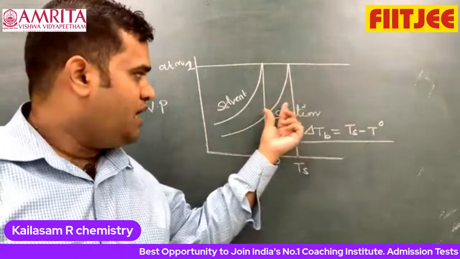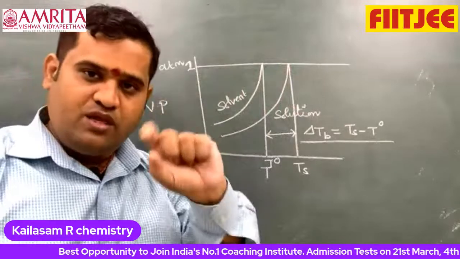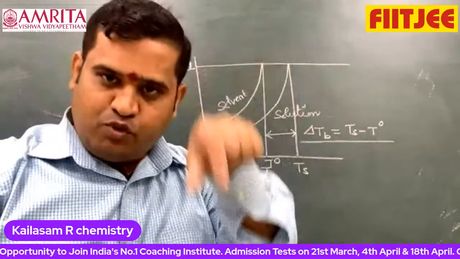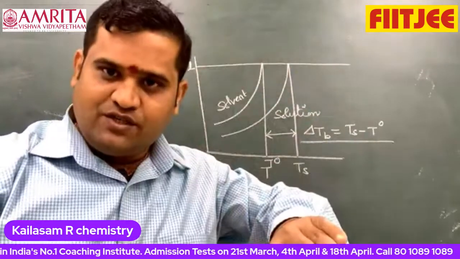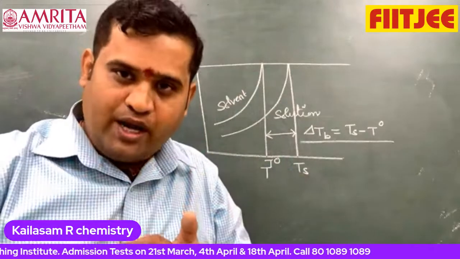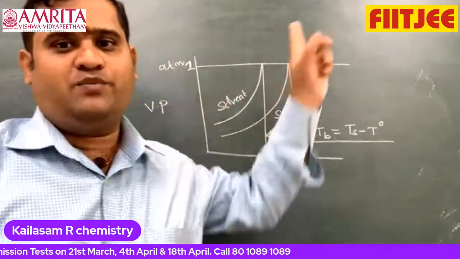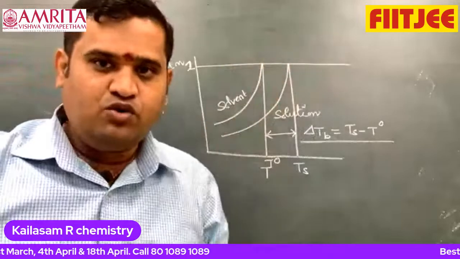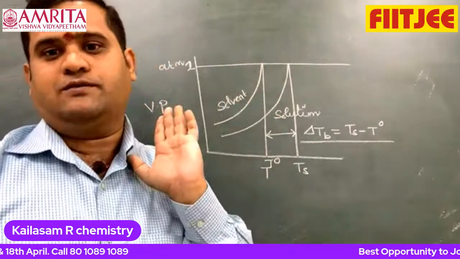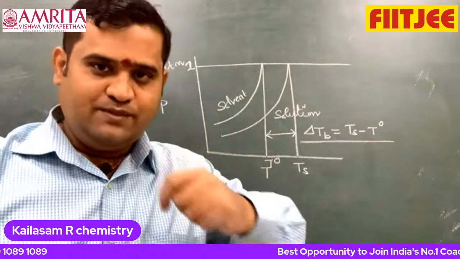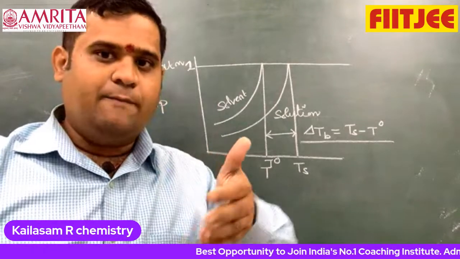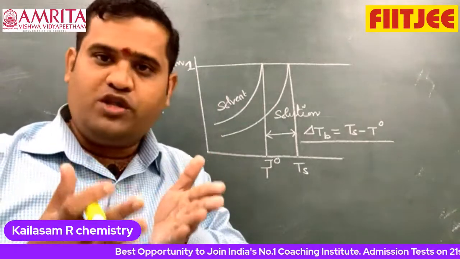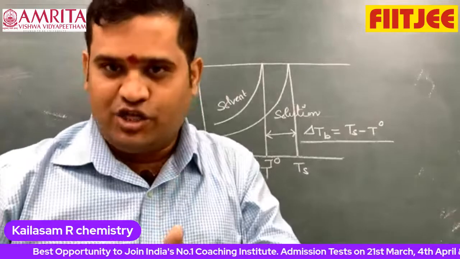So why is the boiling point of the solution always higher? When a non-volatile solute is added to the pure solvent, the vapor pressure decreases. In order for the solution to boil, where vapor pressure equals atmospheric pressure, you have to increase the temperature. We know that water boils at 100 degrees Celsius.